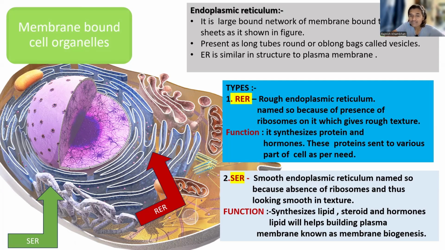These lipids will help to form the plasma membrane. Because it is making the plasma membrane, and it is possible with the SER, this process is known as membrane biogenesis, meaning formation of the membrane.